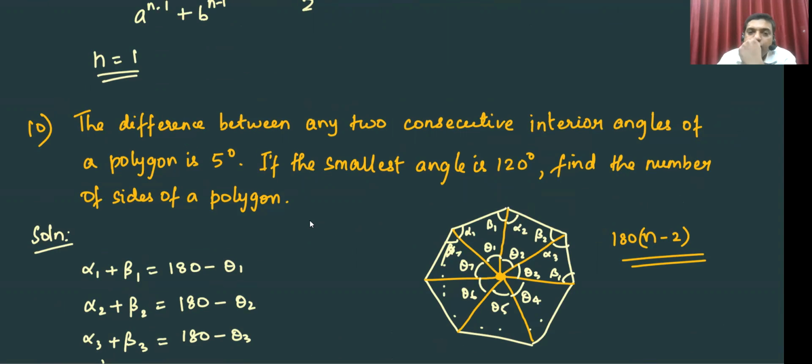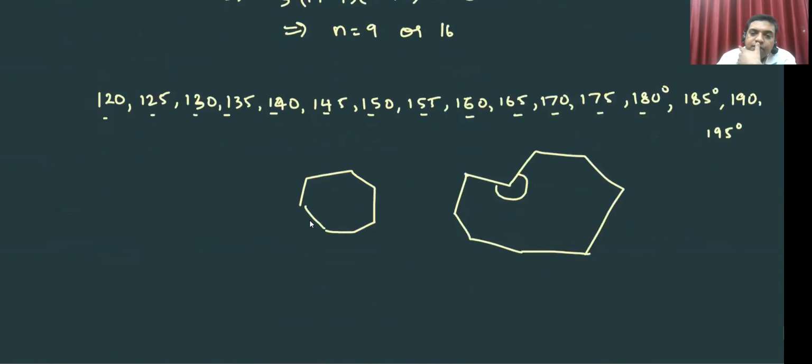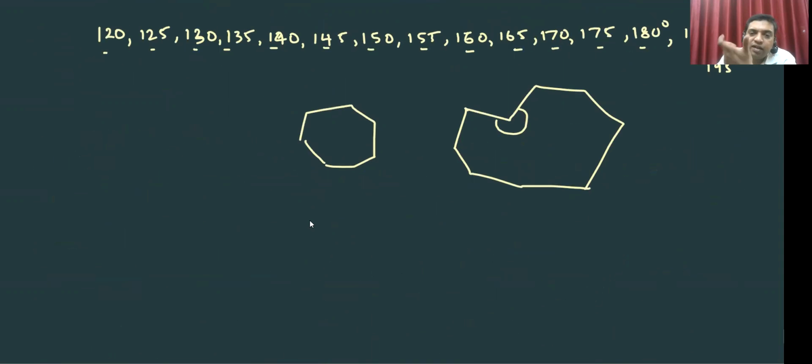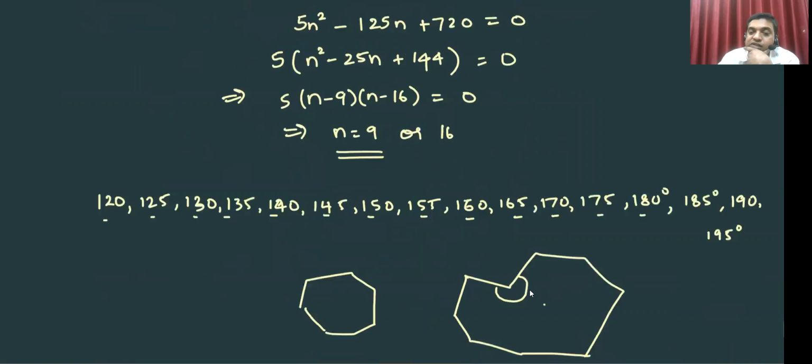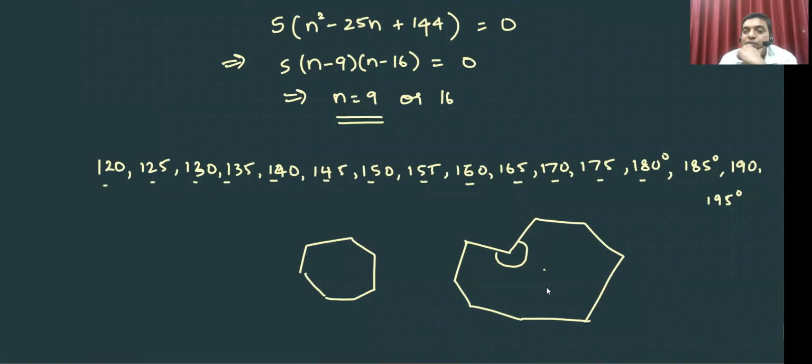So in that case also, find the number of sides, if the smallest angle is 100. In that case also, the sum of all the interior angles, I don't know how it will be. I think if it's a convex polygon, the answer should be 9. If it goes to this kind of polygon, then the answer can be 16. Understand? Yes, sir.